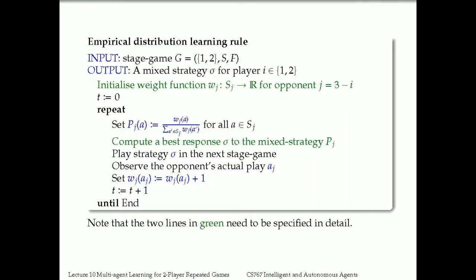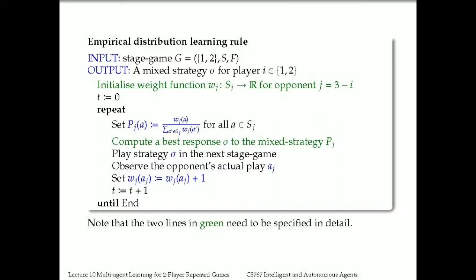So the algorithm itself is incredibly straightforward. The input would be just a description of the stage game that is assumed to be visible by both players, so in particular by this learning player. Remember, this learning rule will specify how one of the players will update its behavior through an arbitrary number of interactions.